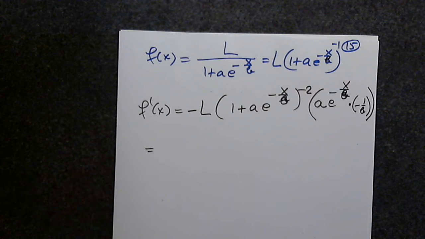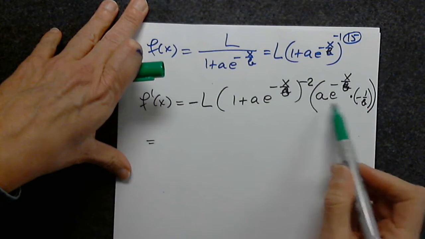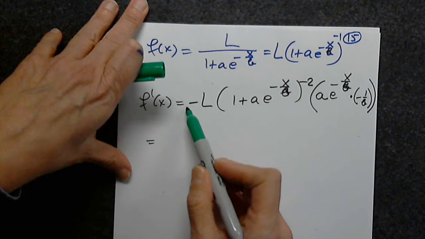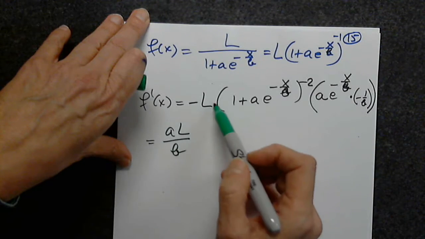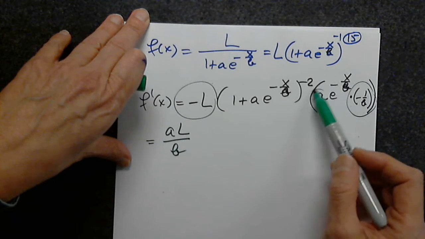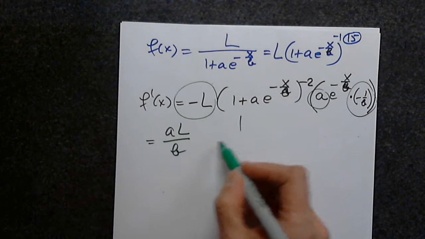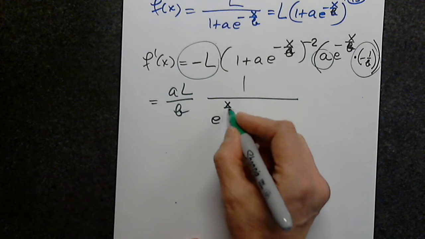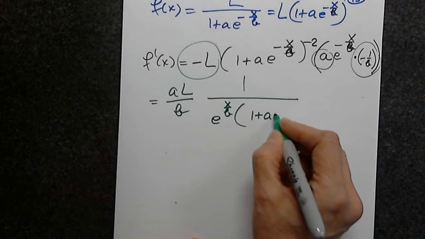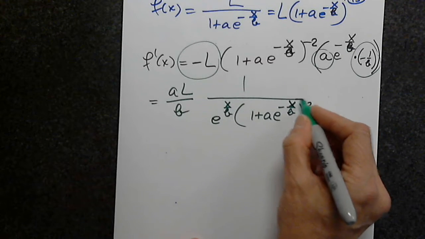Okay, I have to clean this up. I cannot even look at it. It hurts my eyes. So this is AL over B. Yes, this piece and this piece and this piece, they all go in front. Now, this is 1 over e to x over b and 1 plus a e to -x over b squared.